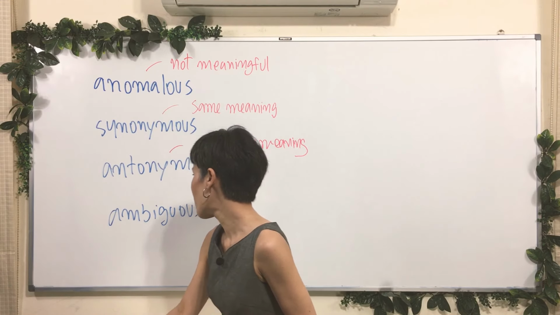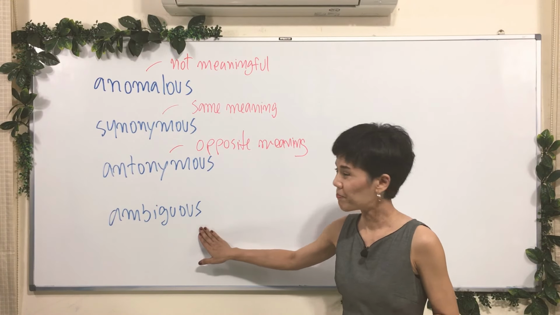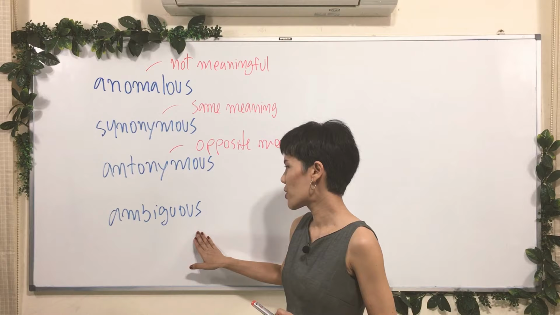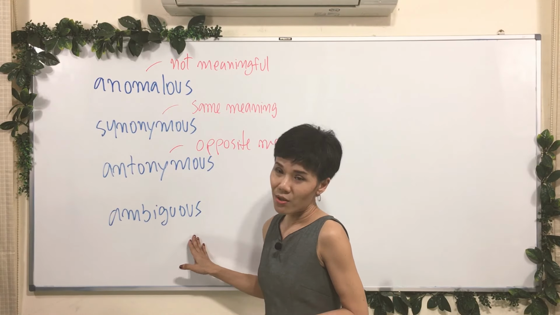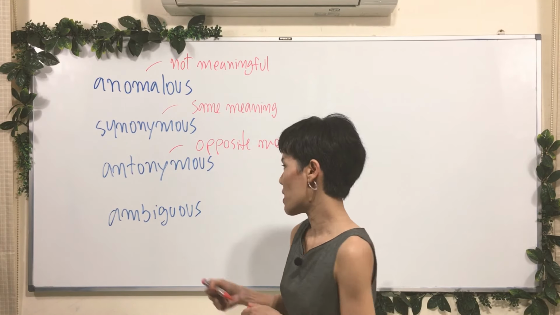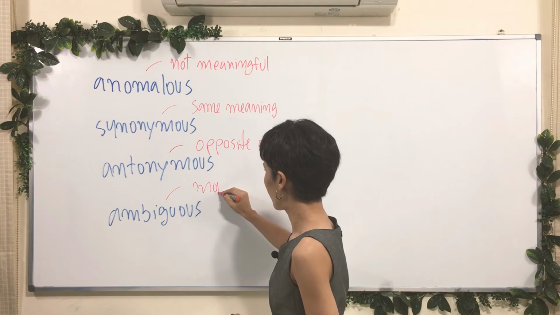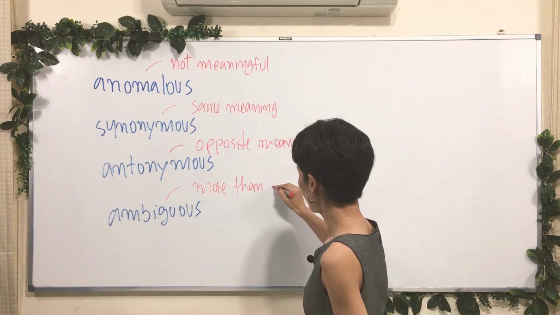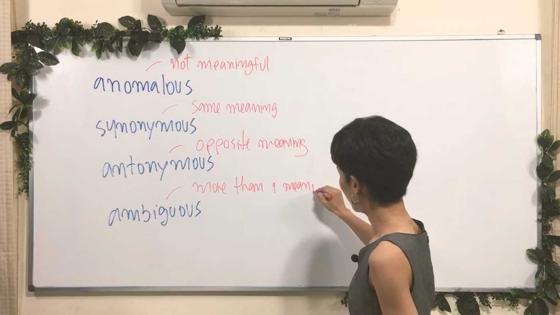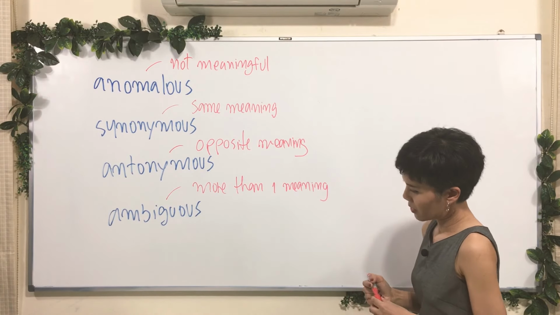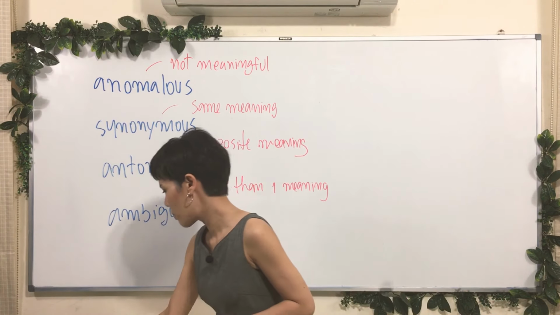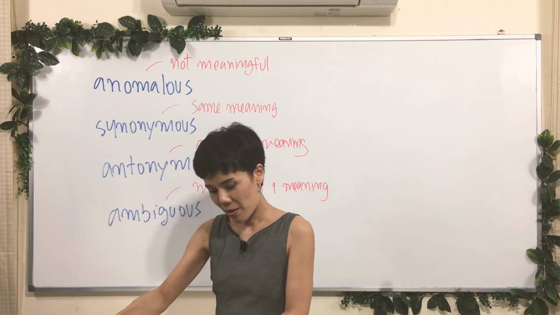Now moving to the last one, ambiguous. When an expression is ambiguous, it has more than one meaning. So I'm going to give you an example here.